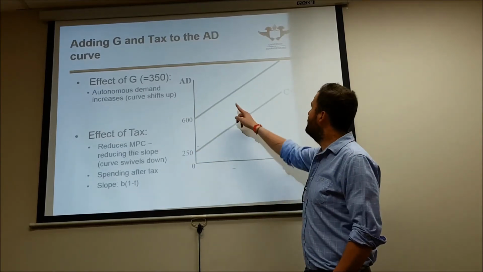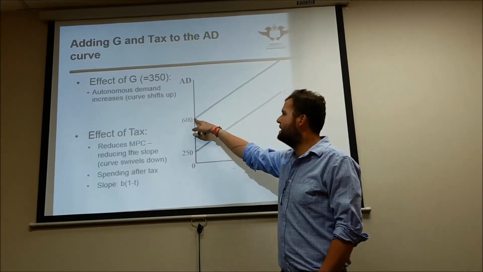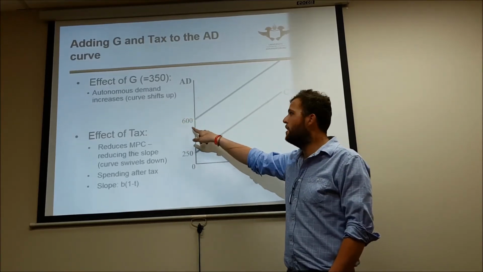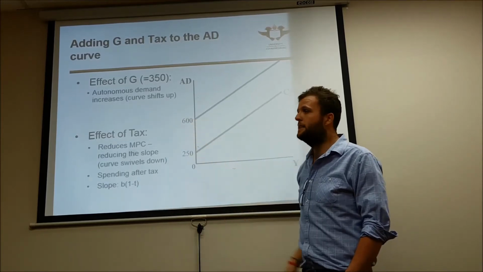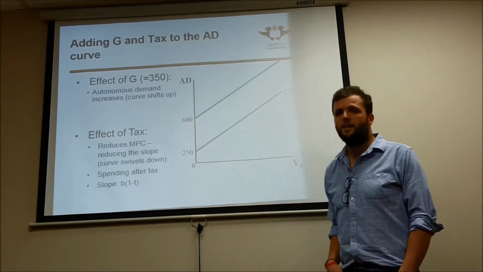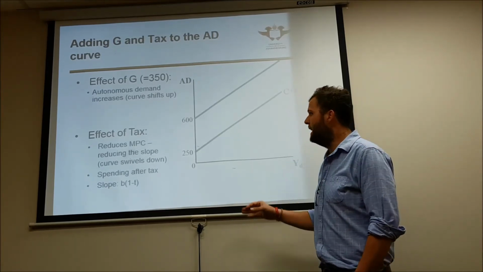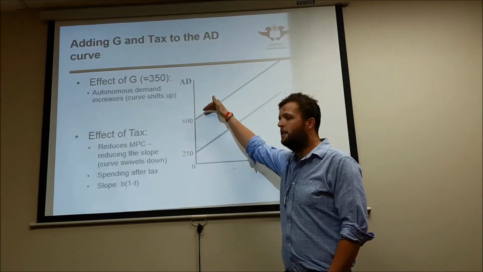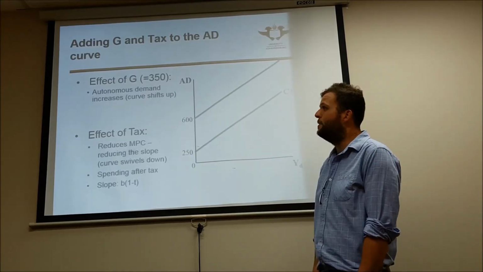So now our 3 sector model, which is C, I, and G, is 600 amount of spending. So the total amount of autonomous spending in this economy is 600. So that's how the government spending changes our model. We just add another layer or another line to our expenditure model. Okay, so that's the effect of G.